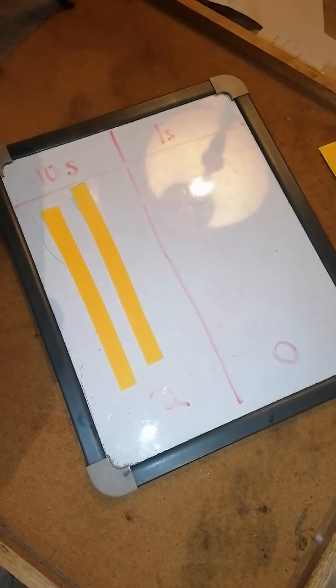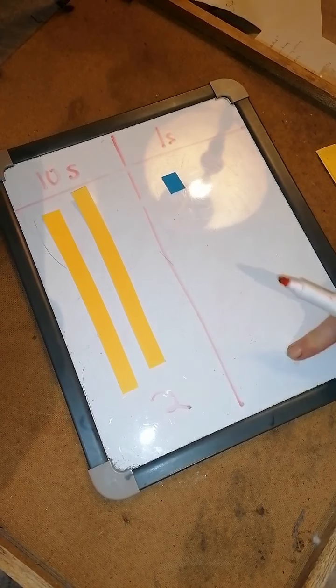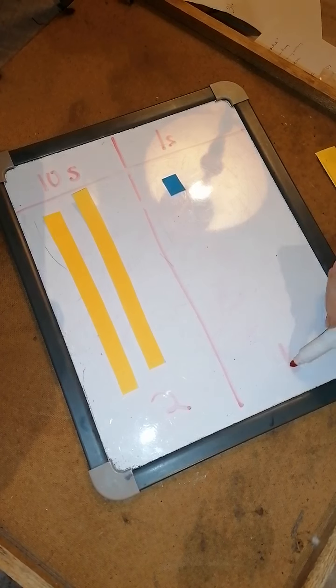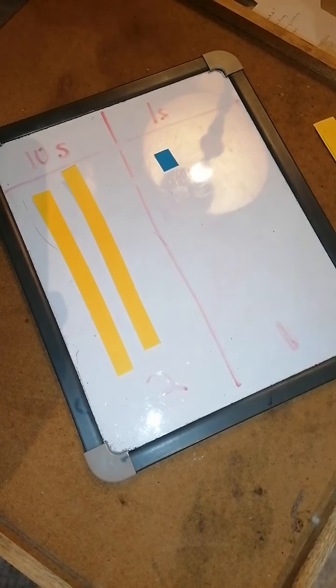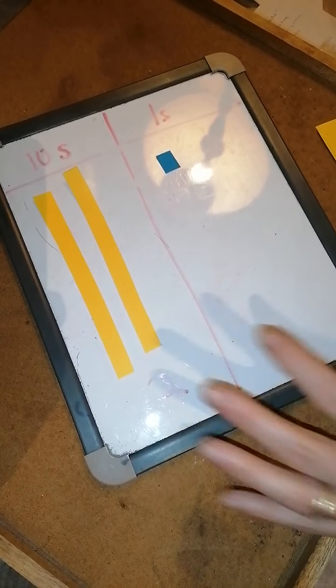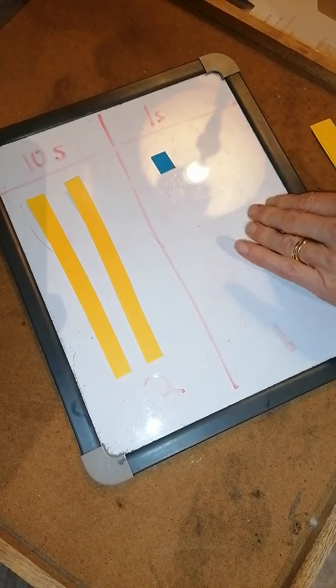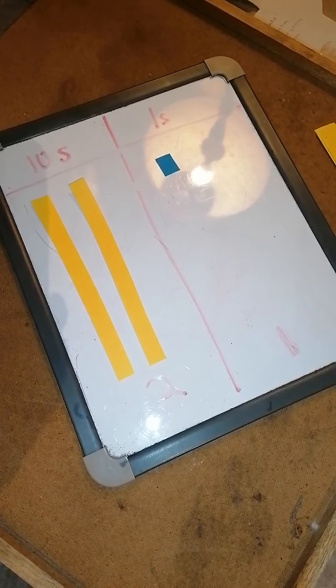But then if I keep going, I've now got 2 tens and 1 one, which is 21. This is pens running out as well. 21. And it keeps going and it keeps going. So this column tells me how many tens I've got, and this column tells me how many ones I've got.